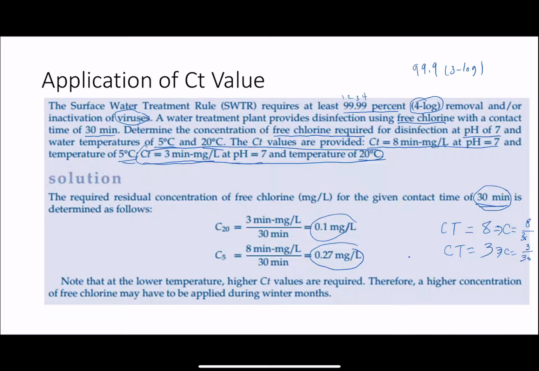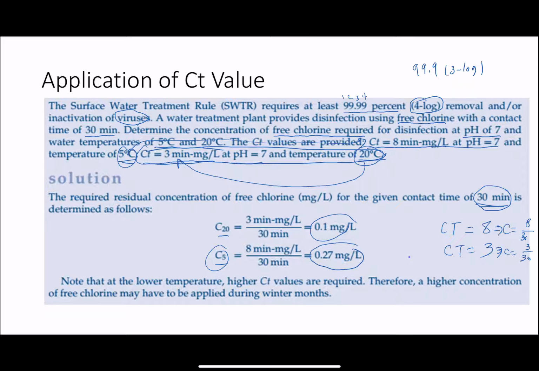Remember, in one of them, he used 5 Celsius for the CT of 8 minutes, and 20 Celsius he used for the CT of 3 minutes. So we put C20 and C5. Look at this: the lower the temperature, the higher the CT values required. So the lower the temperature, there is a need for higher CT values.